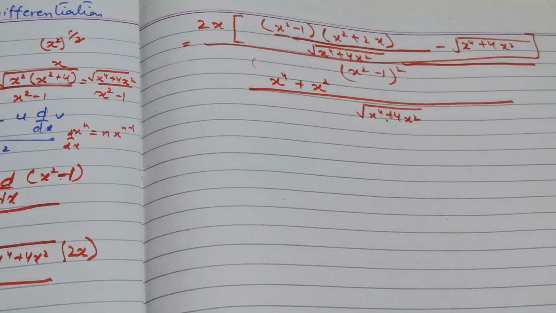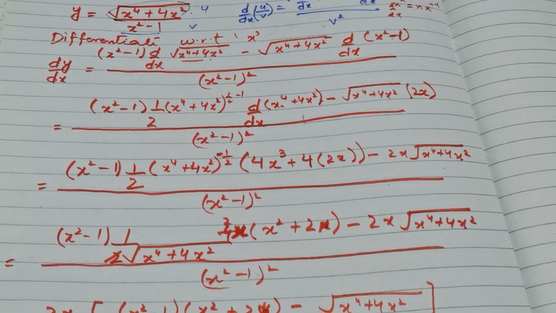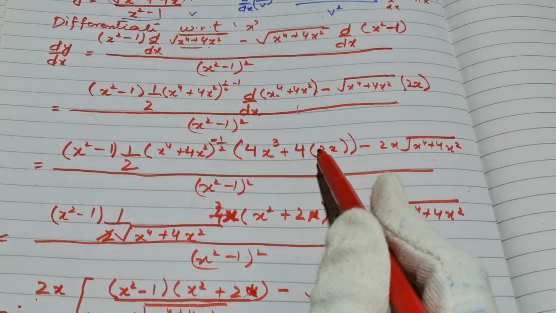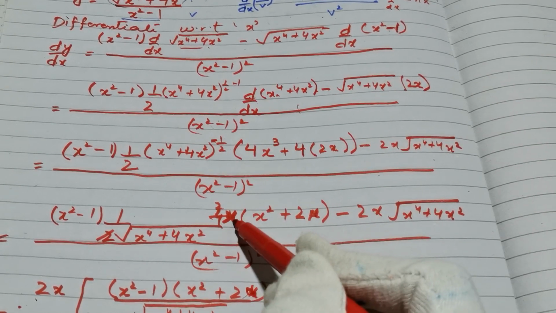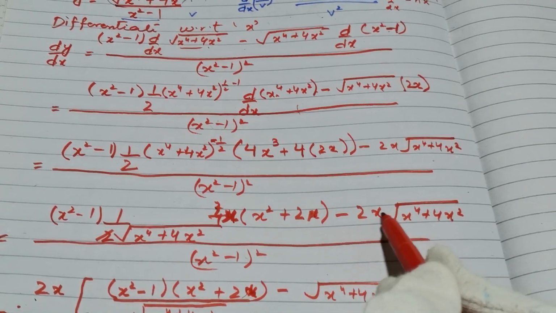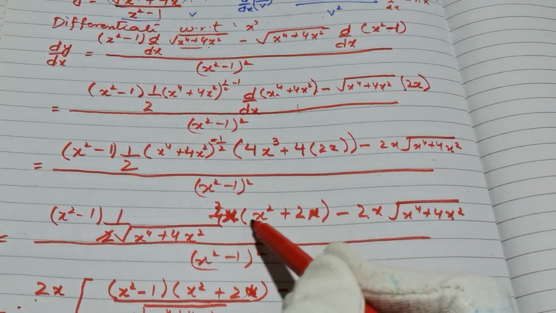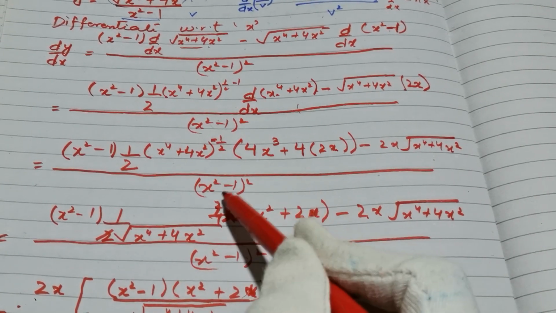This is only 2. I made a mistake. 2x is common, so 2x is common from this term and from this term, so no, only 2x is common from this term. What we get? 2.